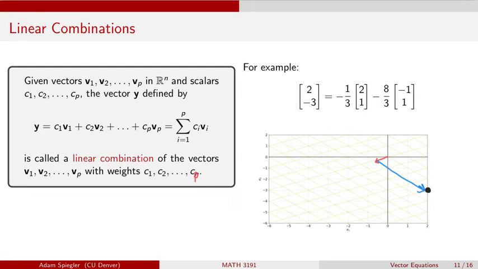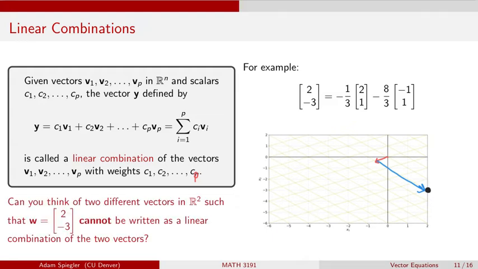I've marked that down here with this black point. And we could solve a matrix equation like we did in the previous video, and we can see that if I go minus 1/3 in the direction of 2, 1, and then minus 8/3 in the direction minus 1, 1, yes, we would wind up perfectly at this point. So given any point in R2, we can find some combination of 2, 1 and minus 1, 1 that's going to put us at that point.